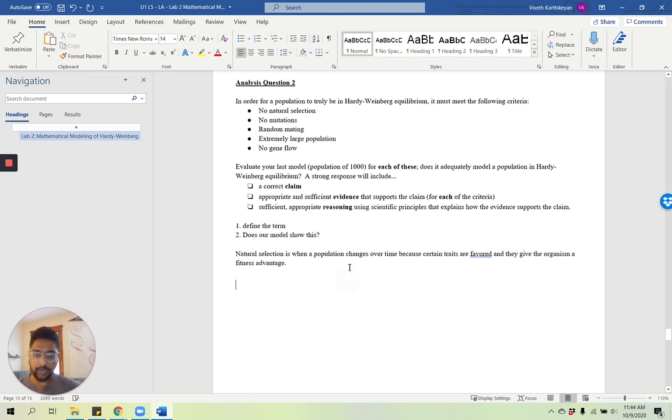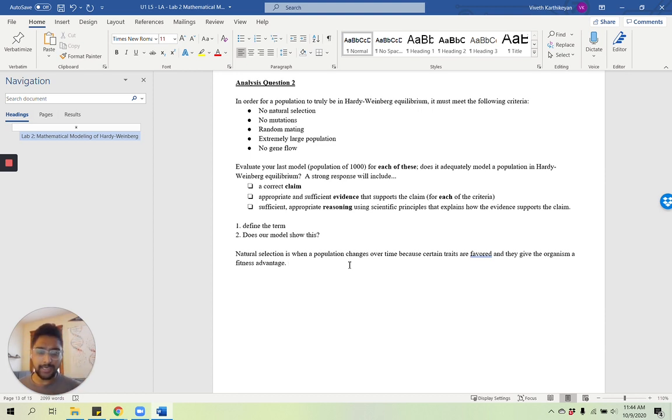And I can ask you, like, where does our model show natural selection? Does our model show that there are certain traits that are preferred? Is it similar to an example that we've seen? Some examples of natural selection we've seen are antibiotic resistance, where certain bacteria survive because they're more resistant to a drug. Another thing we've seen are examples of Darwin's finches, where certain birds with different sized beaks survive because they naturally have an advantage.